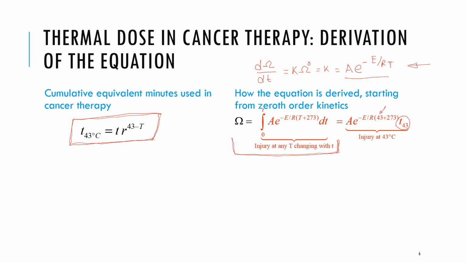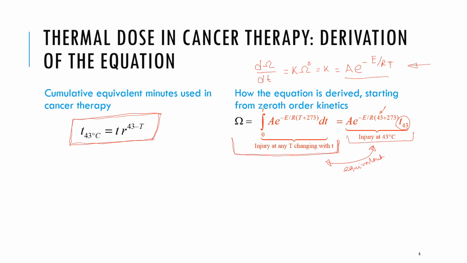In other words, 43 degrees for T43 minutes would give me the same injury as this. So these two are equivalent.